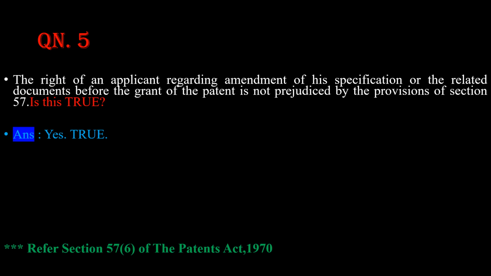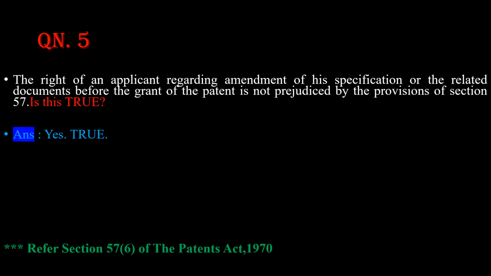Now, question number 5. The right of an applicant regarding amendment of a specification or the related documents before the grant of the patent is not prejudiced by the provisions of section 57. Now, is this statement true? I'm reading it again, friends. The right of an applicant regarding amendment.